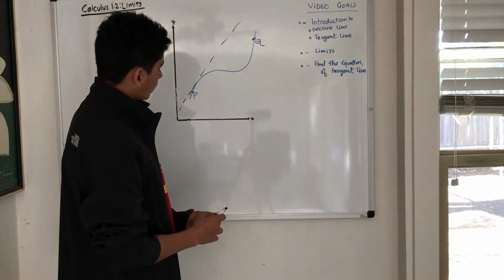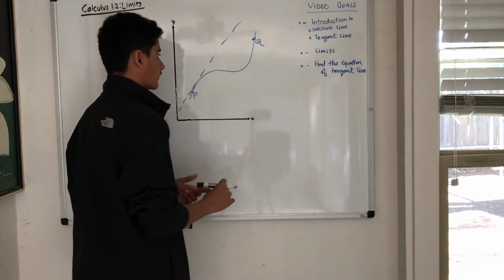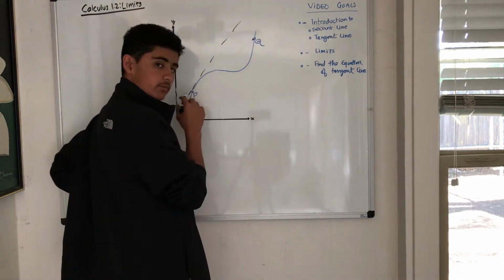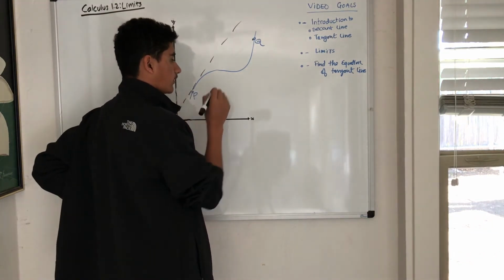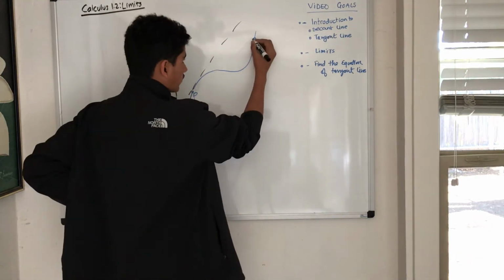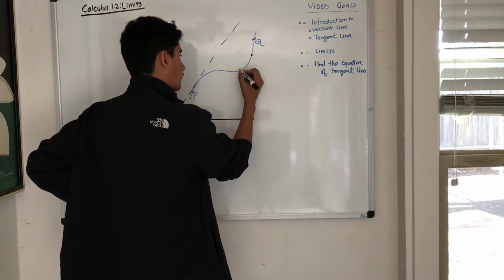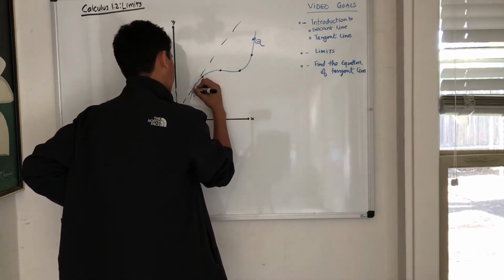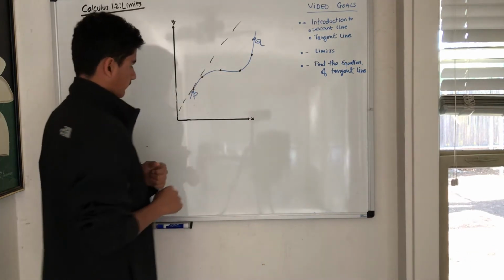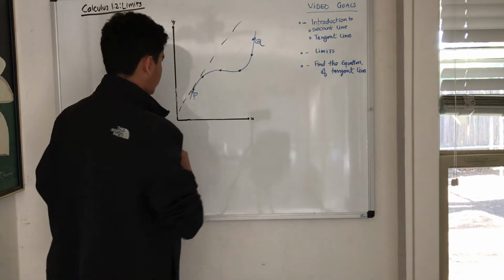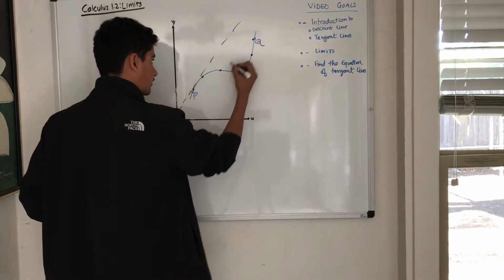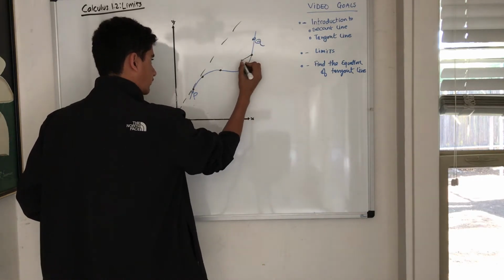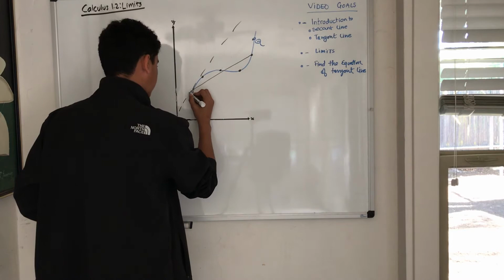Since we're trying to find the slope at point P, we're not going to move point P at all. What we're going to do, in fact, is start moving point Q closer and closer to P along this curve itself until it's infinitely close. So if I were to start drawing the secant lines from here, because we already know what this one looks like, it would look something like this.